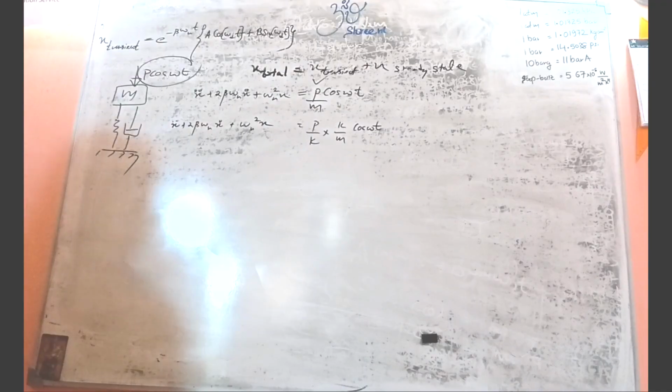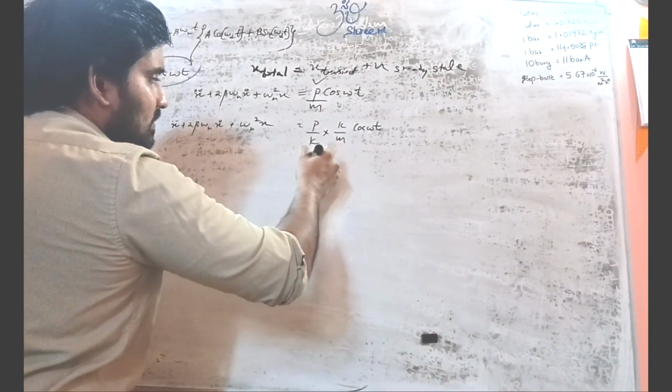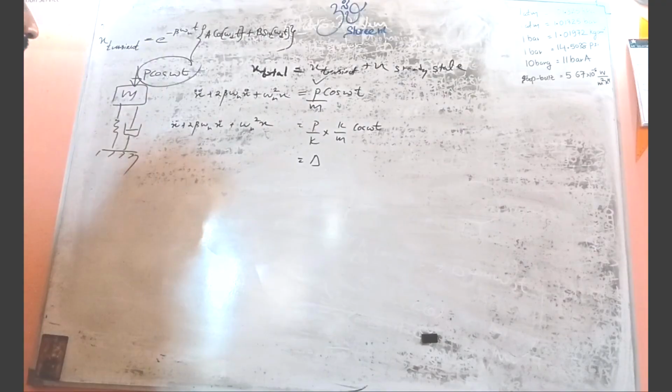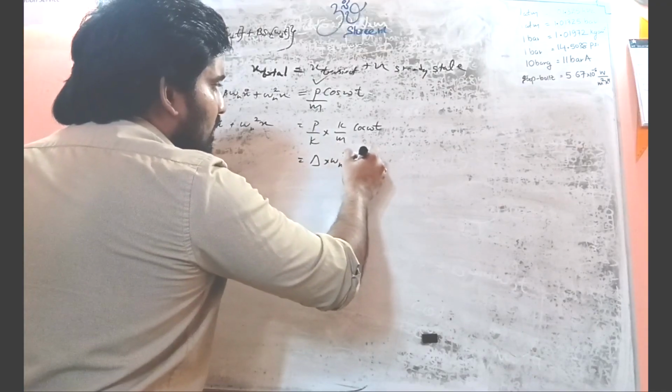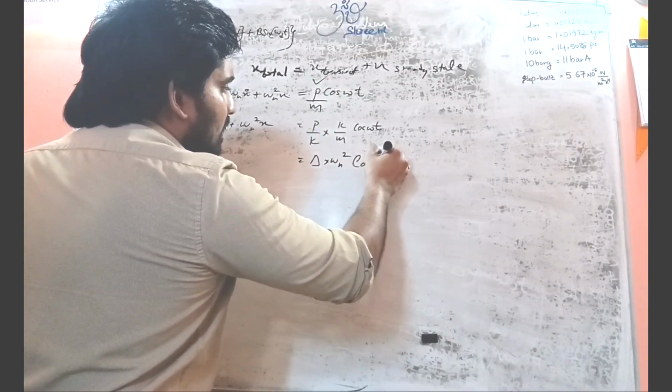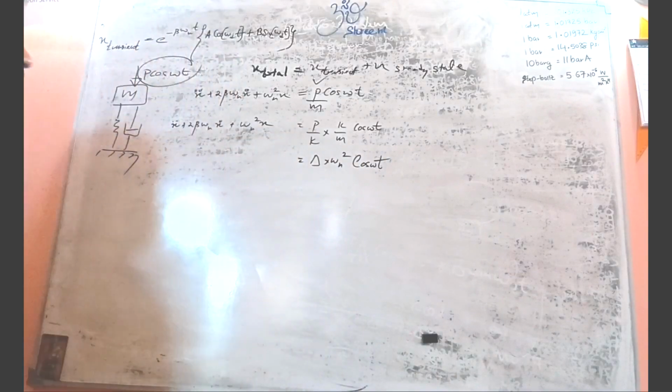Now, this P divided by K is the static deflection. K divided by M, we know that is omega n squared, right? So this one is cos omega t, which is actually the force, right?